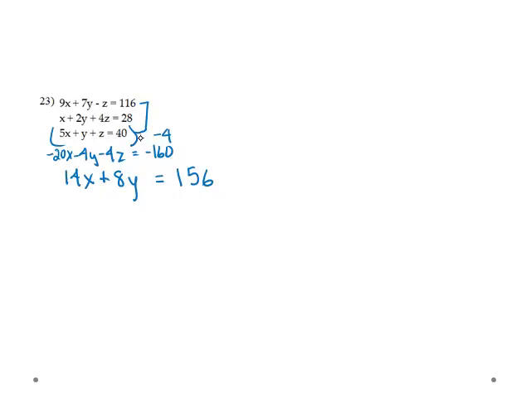So add that to the middle equation, -19x. Let's see, -4y plus 2y is -2y. And then the z's cancel, equals -160 plus 28 is -132.